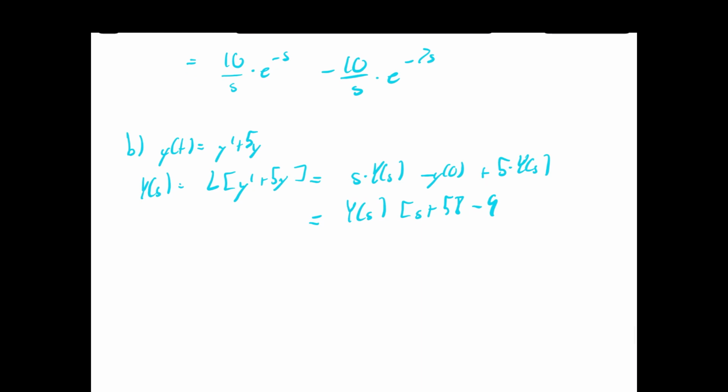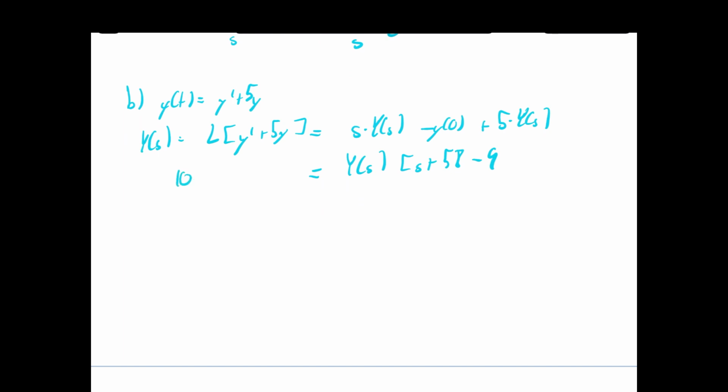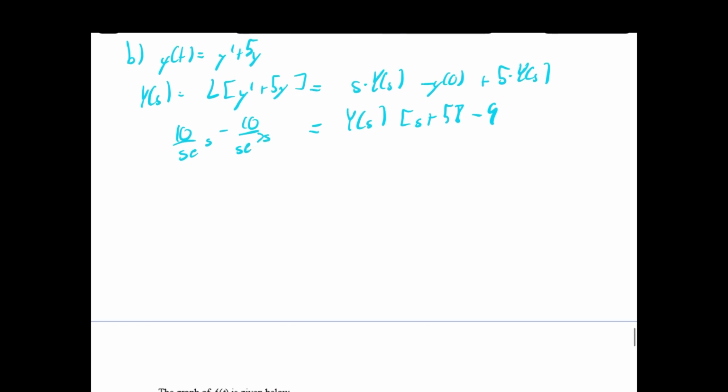Now, because I took the Laplace of the right-hand side first, and I'm taking the Laplace of the left-hand side right now, I could set them equal to each other and solve for Y(s). And so Y(s) equals 10 e^(-s) over s minus 10 e^(-7s) over s, plus 9, all over s plus 5. Cool.